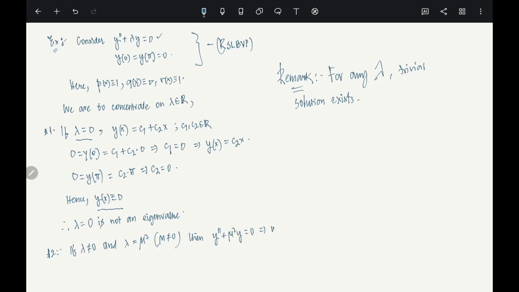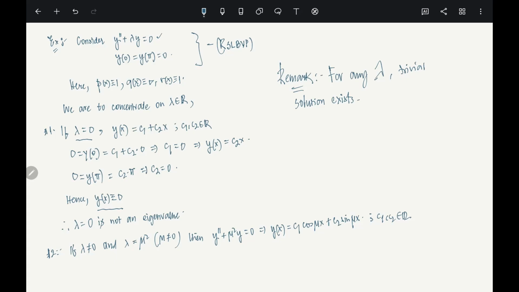And that will imply y of x equals c1 times cosine mu x plus c2 times sine mu x. Yes, that's what the solution is. Now c1 and c2 are of course in R, it is given.